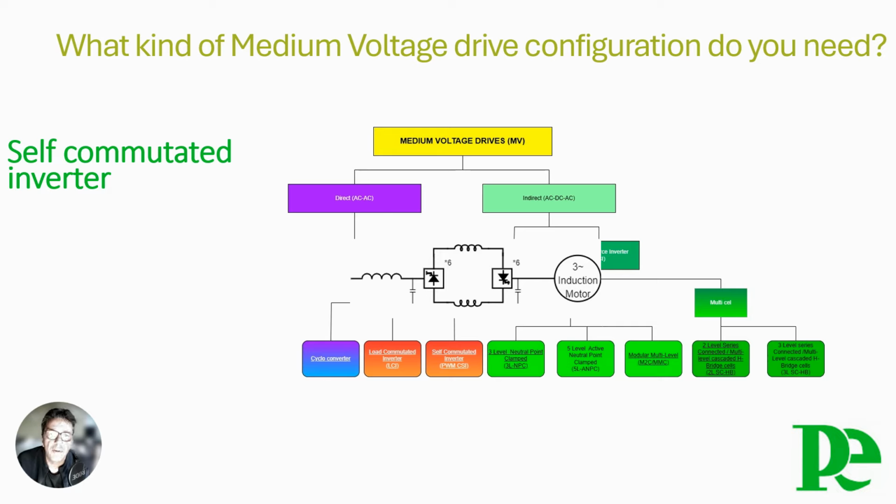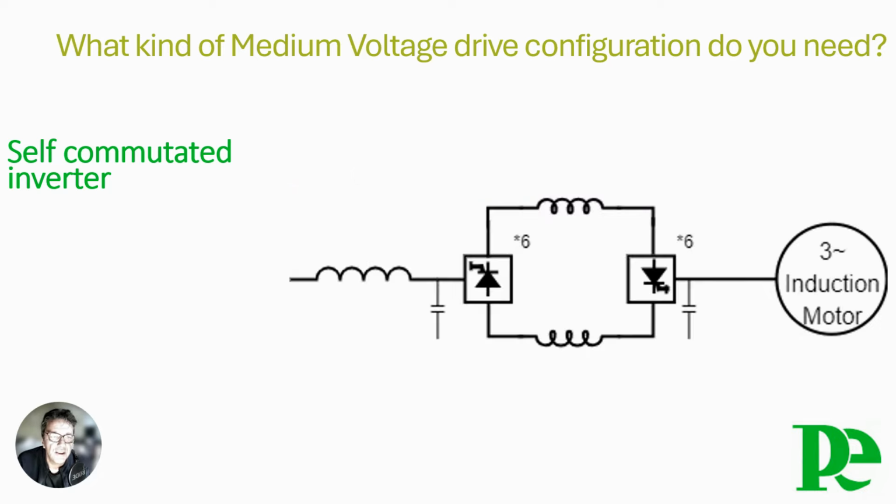The self-commutated inverter is a pulse width modulated current source inverter. Because of the strong presence of input harmonics, this CSI requires an 18-pulse transformer or an active front end. The active front end design, composed by symmetrical gate commutated thyristors or SGCTs, uses a special PWM switching to regulate the current.